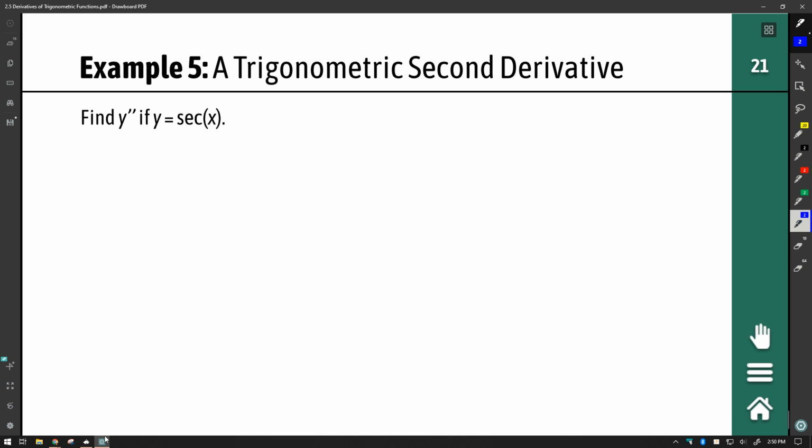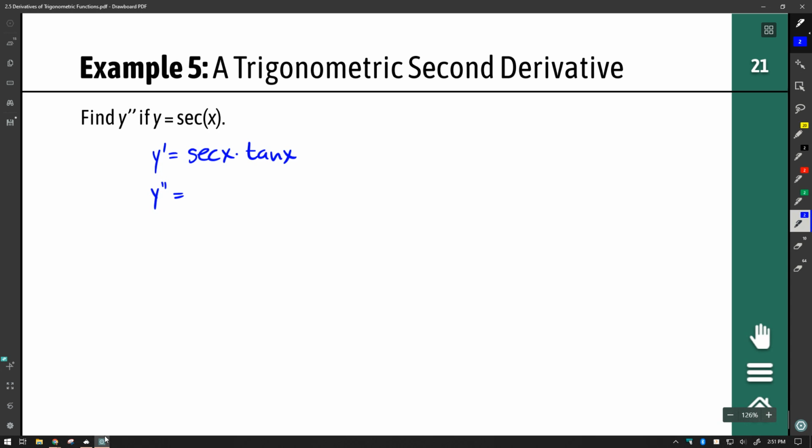Find y double prime if y is equal to the secant of x. So we know y is secant of x. We now know then that y prime is the derivative of secant of x, and that's secant of x times tangent of x. Next, for y double prime, what we'd want to do is use the product rule, since we have a secant of x times a tangent of x as y single prime.